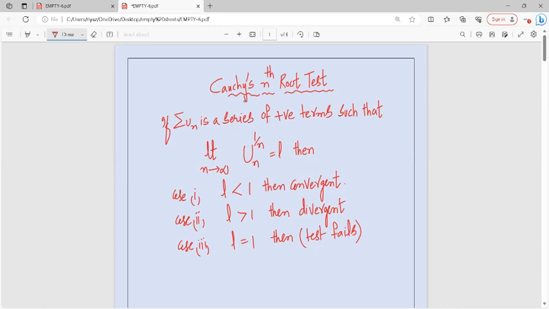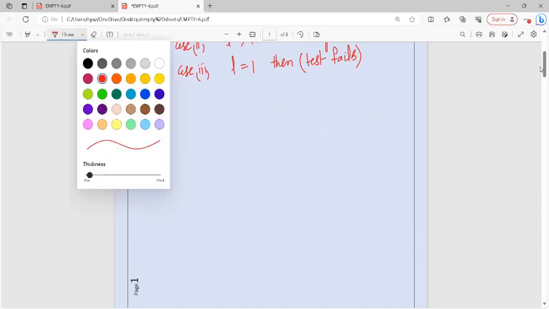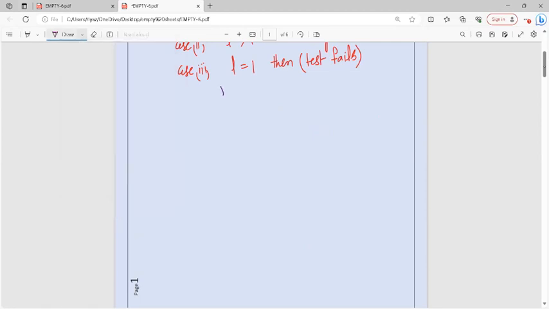Here some formulas are also required, so let me write those basic formulas which we are using in Cauchy's root test. Formulas.